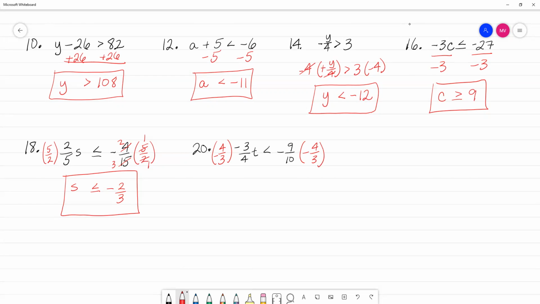And you can reduce those again if you want. But because we're multiplying times a negative, we have to make sure that we switch our inequality sign, because that -9/10 just became a positive number. Let's see, that becomes a 3 and that's a 1. That could be a 2 and that is a 5. So 3 times 2 is 6, and 6/5. So t must be greater than 6/5.